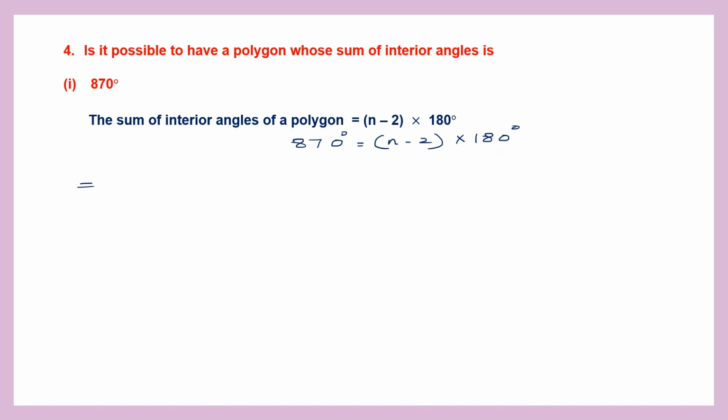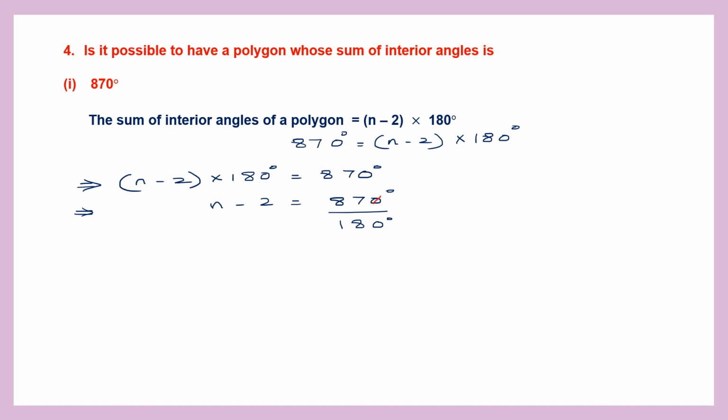So now this is (n minus 2) into 180 degrees is 870 degrees. We are going to try to find how many sides this has. So I'm going to leave n minus 2 on one side. On the other side I have 870 and I'm going to transpose 180 degrees to the other side.